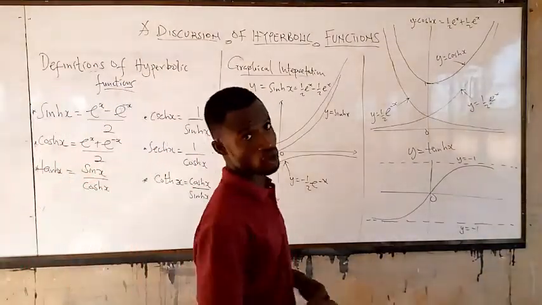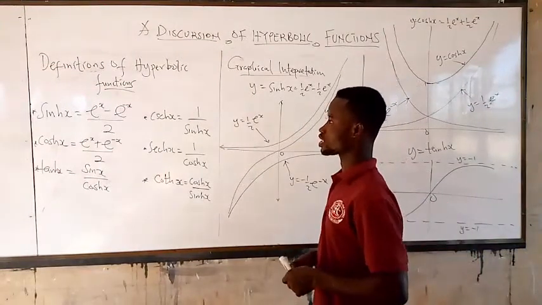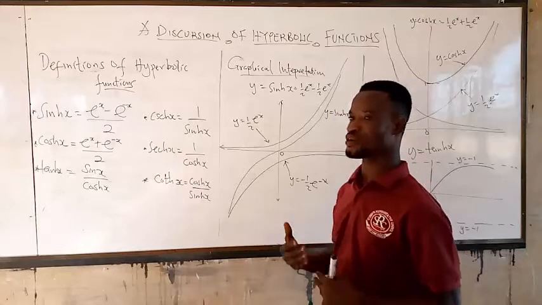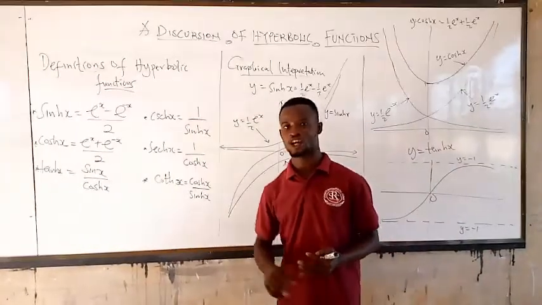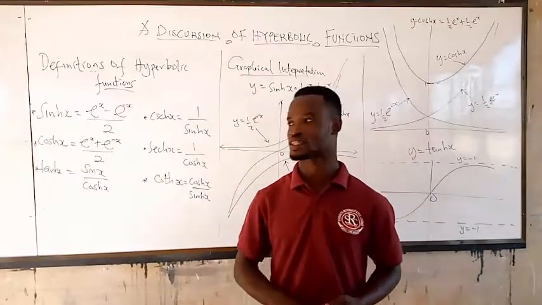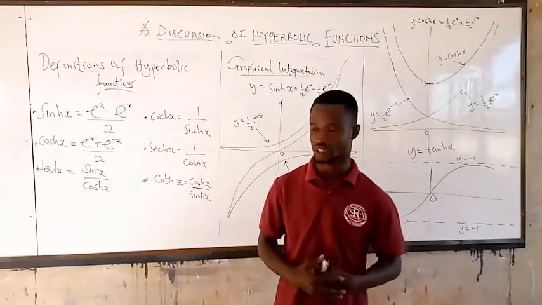First of all, let's look at the definitions of hyperbolic functions. When we say trigonometric functions, we are talking of sine, cosine, tangent, and the reciprocals of them.